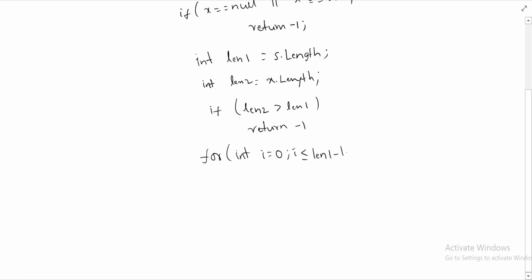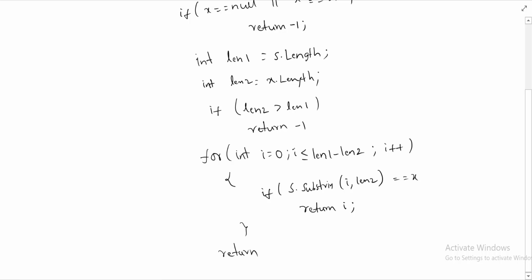As we discussed earlier, till which part we need to compare? This is the window. If nothing is returned here, that means it didn't find that particular string. We'll just return -1. That's it.